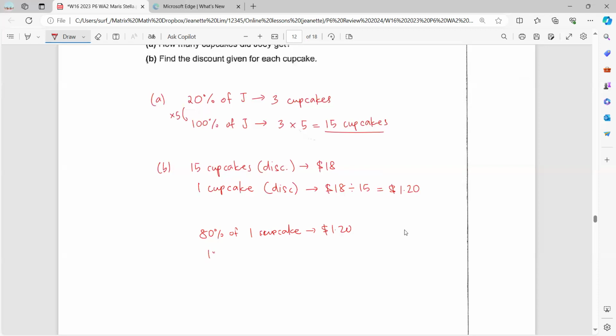Then you can find 1% of 1 cupcake, and then you find 100%. No, sorry, you don't want to find 100%. You want to find a discount, which is 20%. Okay, so you can actually find 20% straight away by dividing by 4.